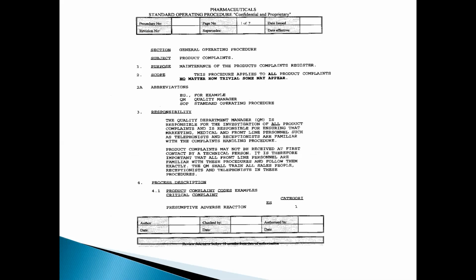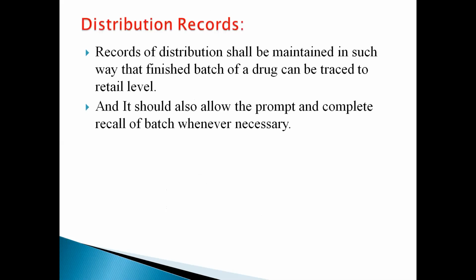So this procedure applies to all product compliance. Some may appear as abbreviations, e.g. QM is quality manager, then the SOP, and what are the responsibilities. So this is one sample.